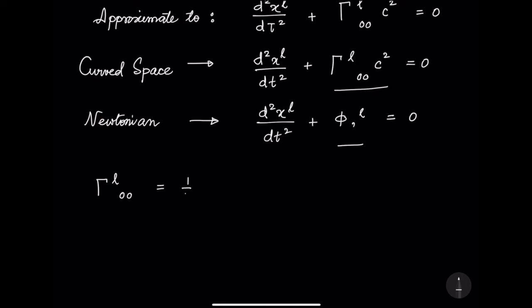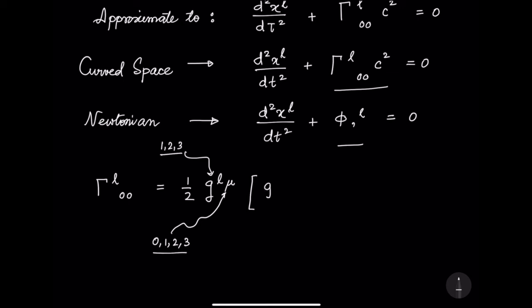This is half G L, and I can have anything as mu. Mu can go over 0, 1, 2, 3. I'm sorry, the other index goes 1, 2, 3 only. This is spatial, and this is all spacetime.